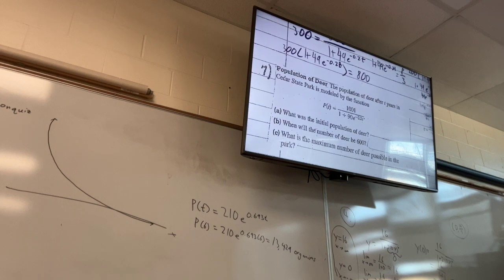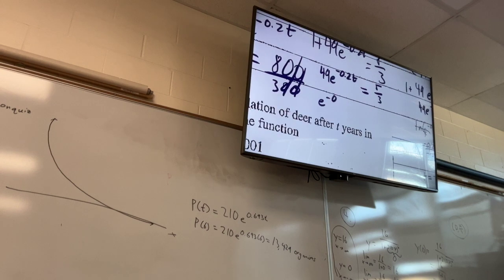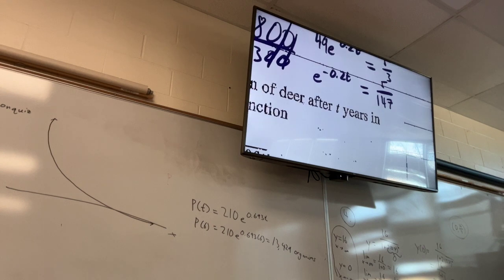Because I divide both sides by 300, and I get 8/3. Okay. Subtract 1, I get 49 e to the negative 0.2 t equals 5/3. Okay. Divide both sides by 49, I get e to the negative 0.2 t equals 5 over, what's 49 times 3? 49 times 3 is 147.